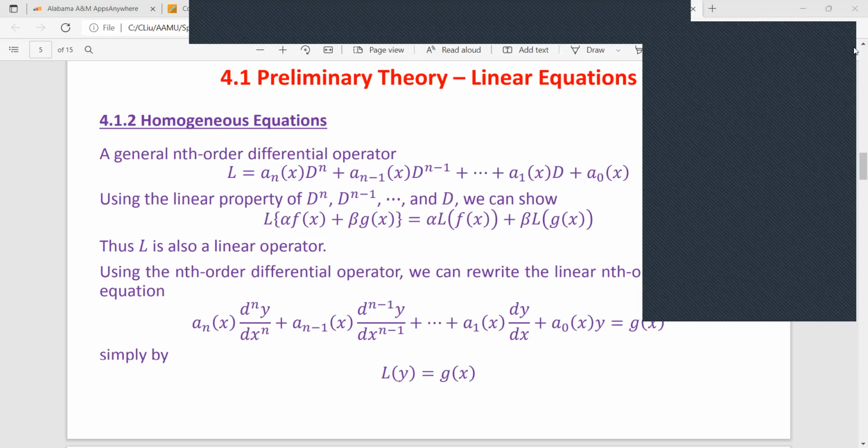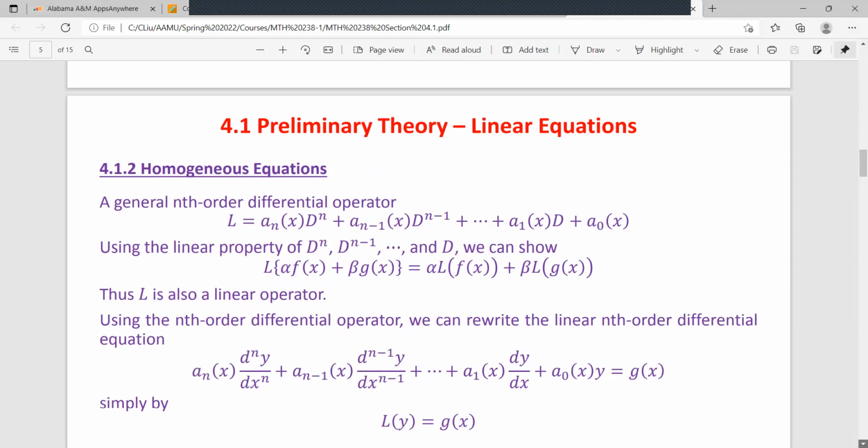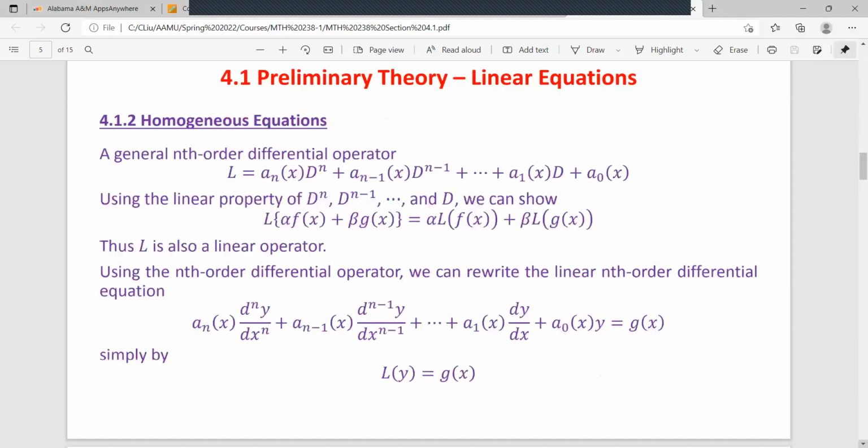So last time we talked about homogeneous equations. We were talking about linear higher order differential equations.